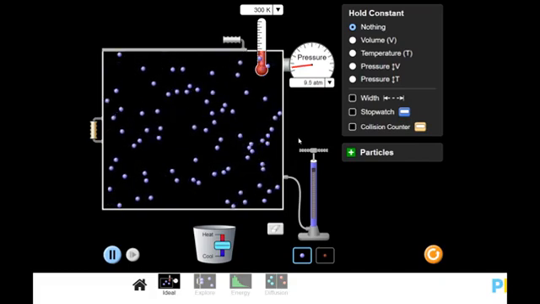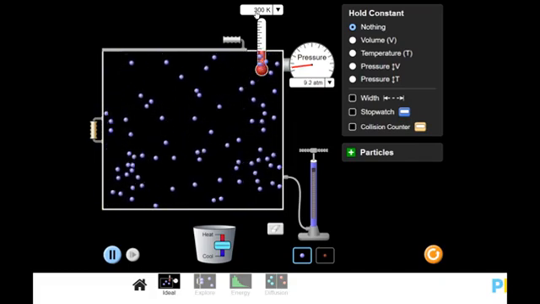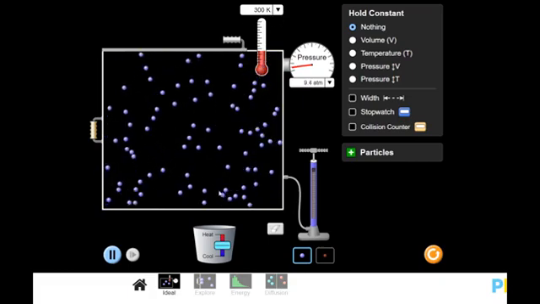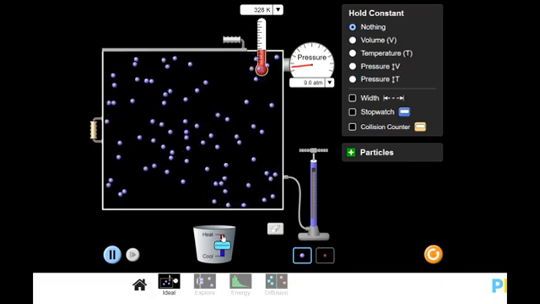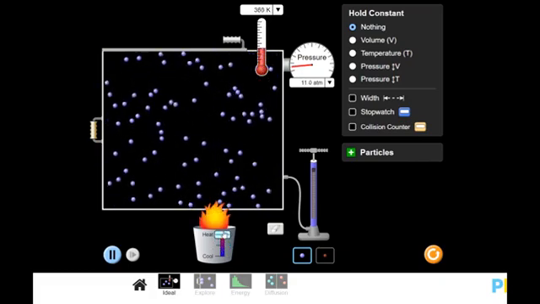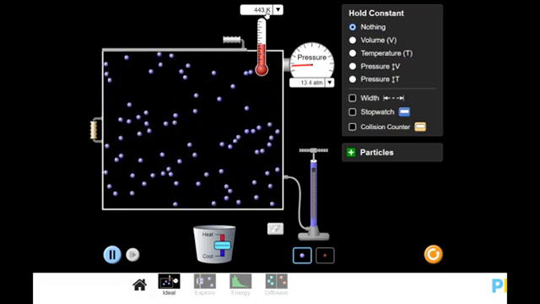So what we're going to do is raise the temperature. I want you to notice that the temperature here is 300 Kelvin, and I'm going to add some heat. Add some more heat. So I went from 300 to 443.